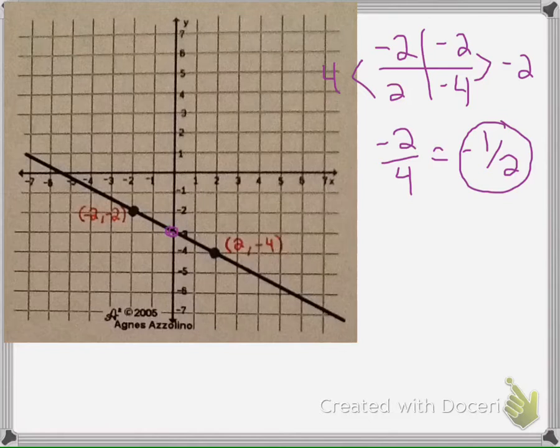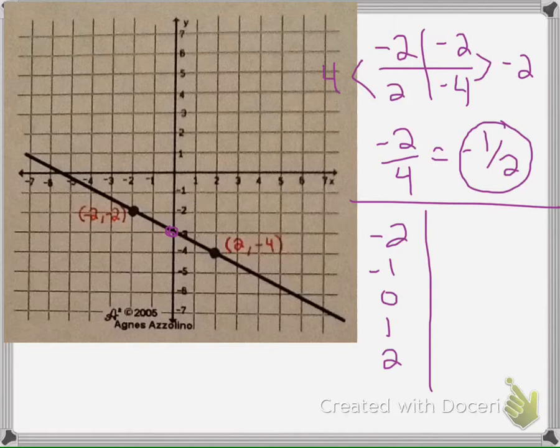But I want to show you how I can prove that it is -3. So I'm going to go back to the table and change it so I can add in 0. So I have -2, -1, 0, 1, 2. I'm just expanding the table to show 0, because in order to show the y-intercept I have to find when x is 0, what is y.